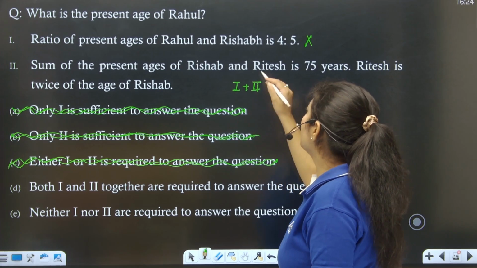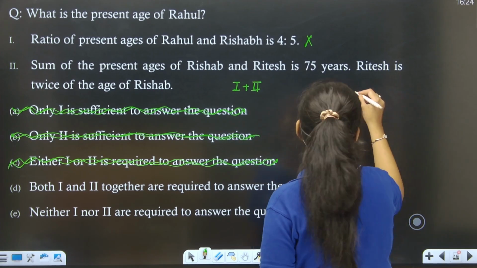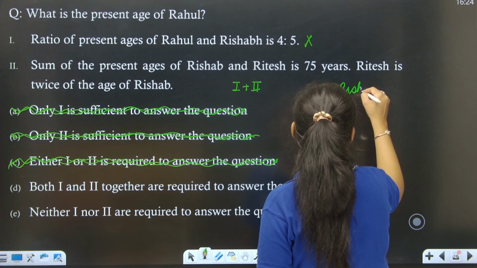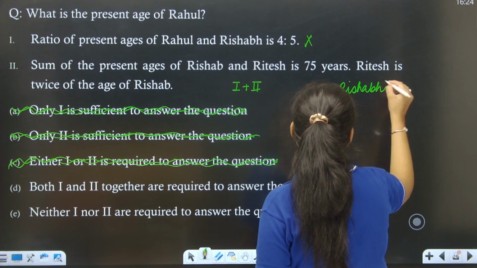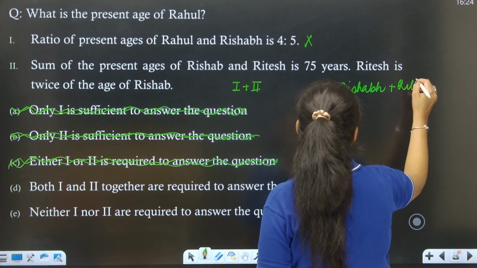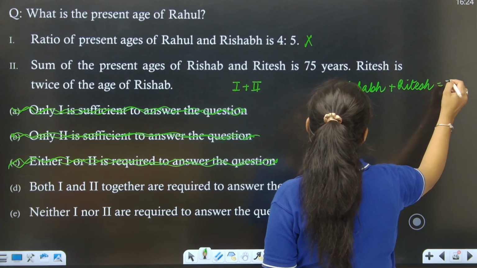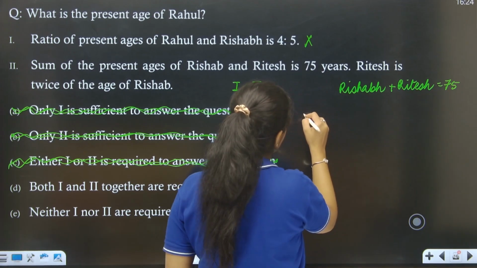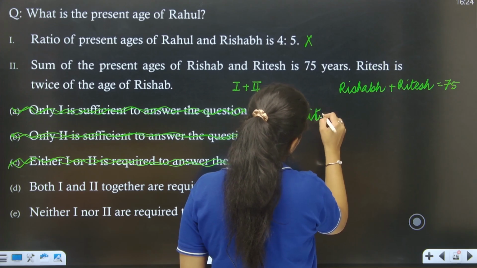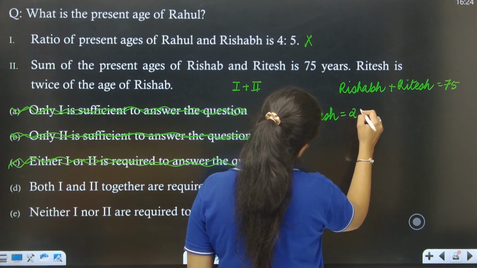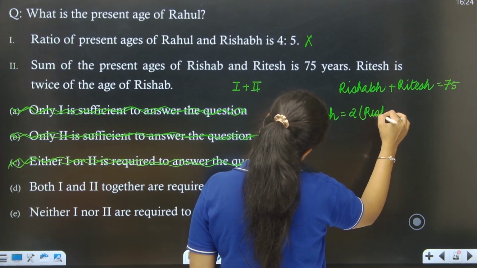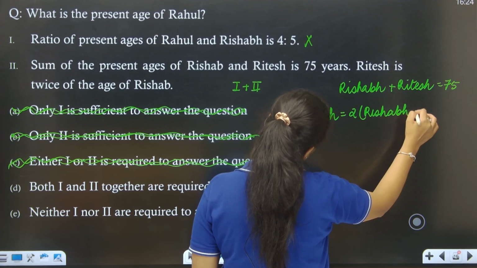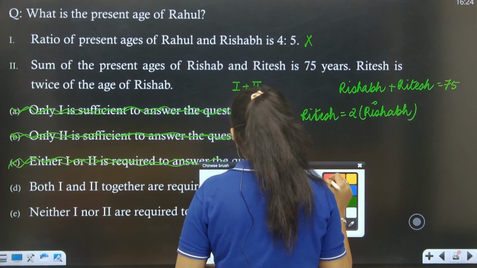So here the question says that the present ages of Rishabh and Ritesh sum to 75 years. Ritesh is twice the age of Rishabh, so this is what we have.